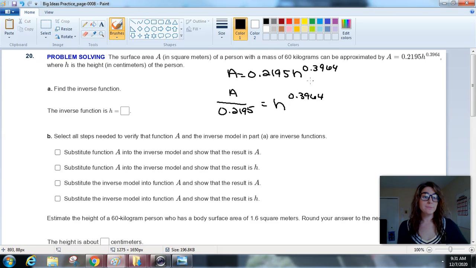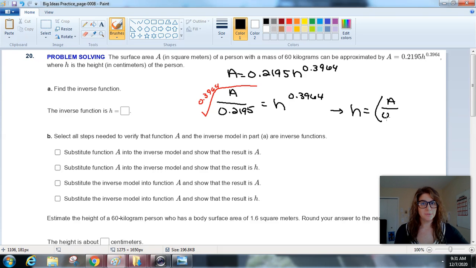Okay. Now, in order to get rid of this power, there are two ways you can do it. You can put this as a root of that crazy looking thing as one way. Another way you can get rid of powers is remembering that I can rewrite radicals as fractional exponents. And that is actually how they wanted it written in this case. So I would have the fraction of a, and then I would raise it to 1 over this fraction, 0.3964.